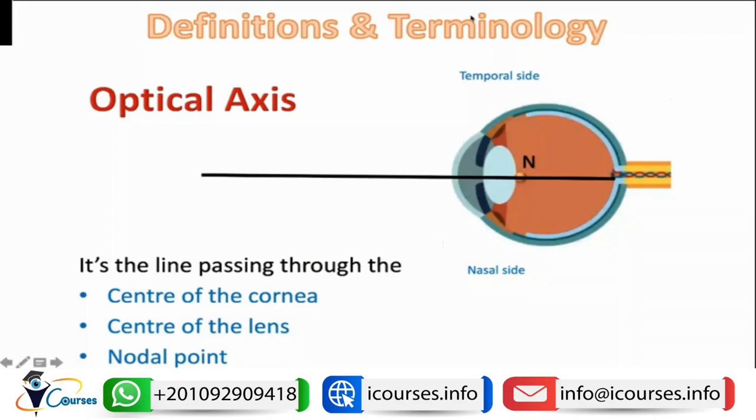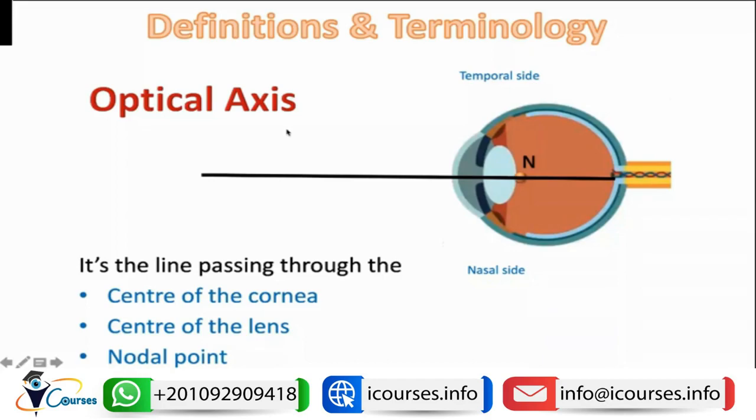First of all, we have different axes and angles related to the eye that control the vision and control the relation between the eye and the object of interest. First of all, we have the optical axis. If we have an eye here, and this is the temporal side, and this is nasal, we have first what is called an optical axis.